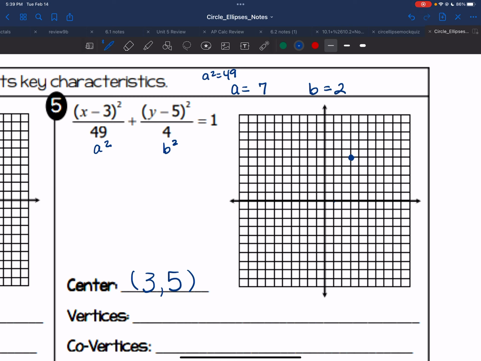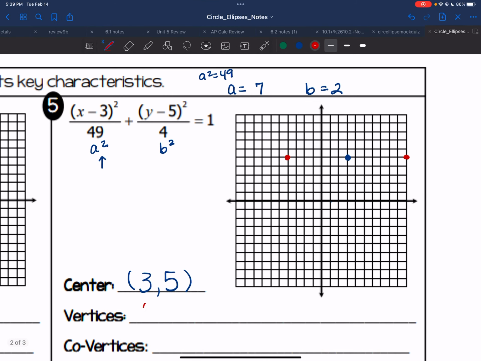We know that my x side is larger. That's where my a is located, so I'm going to count from left to right 7 on each side. 1, 2, 3, 4, 5, 6, 7. And these are my vertices.